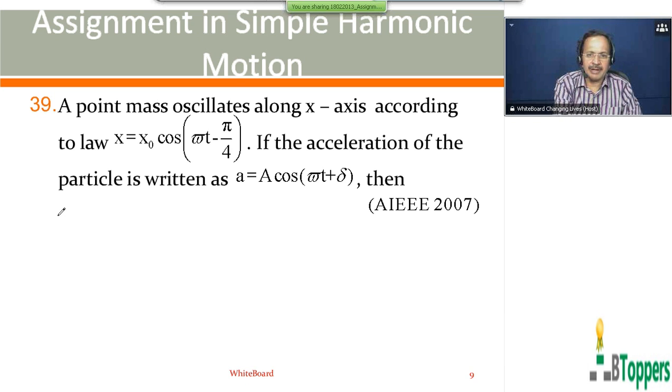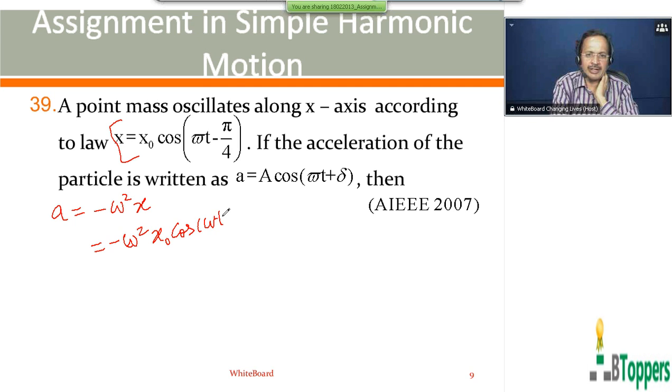so the acceleration of the particle in simple harmonic motion can be written as minus omega square x, where x is the displacement from mean position. So the given equation, you are given x equal to x naught into cos of omega t minus pi by 4.